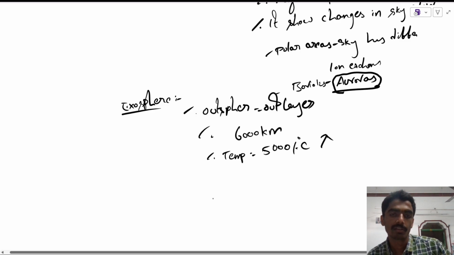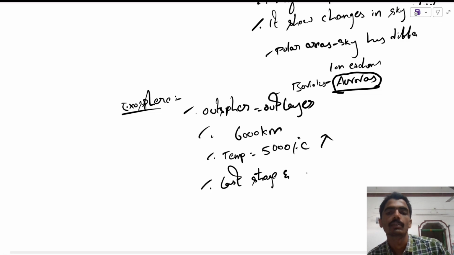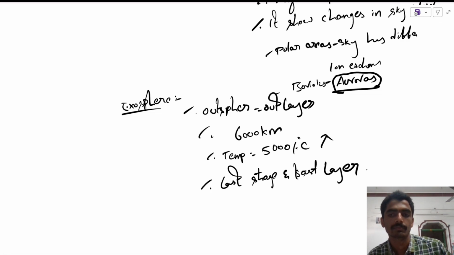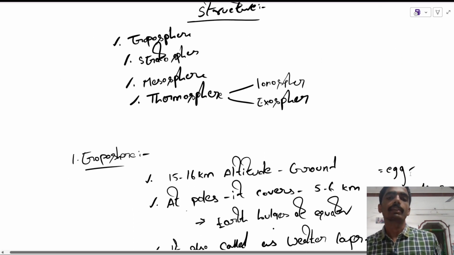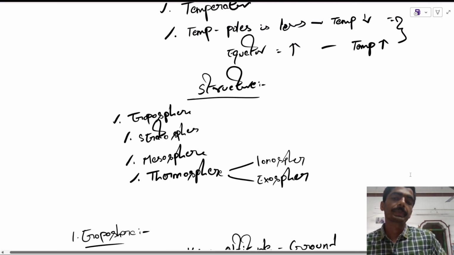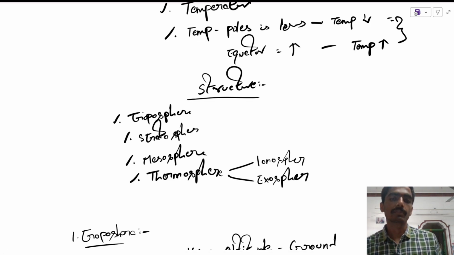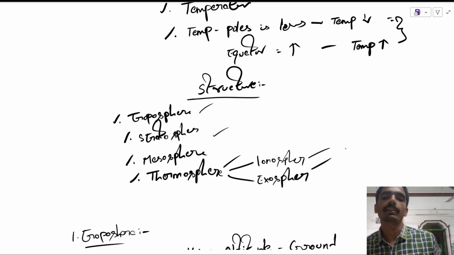This was the last stage of the atmosphere, the last layer. So, these were the main 4 layers of the atmosphere, which we call the structure of the atmosphere. Here troposphere, stratosphere, mesosphere, thermosphere. In the thermosphere there is the ionosphere and exosphere.